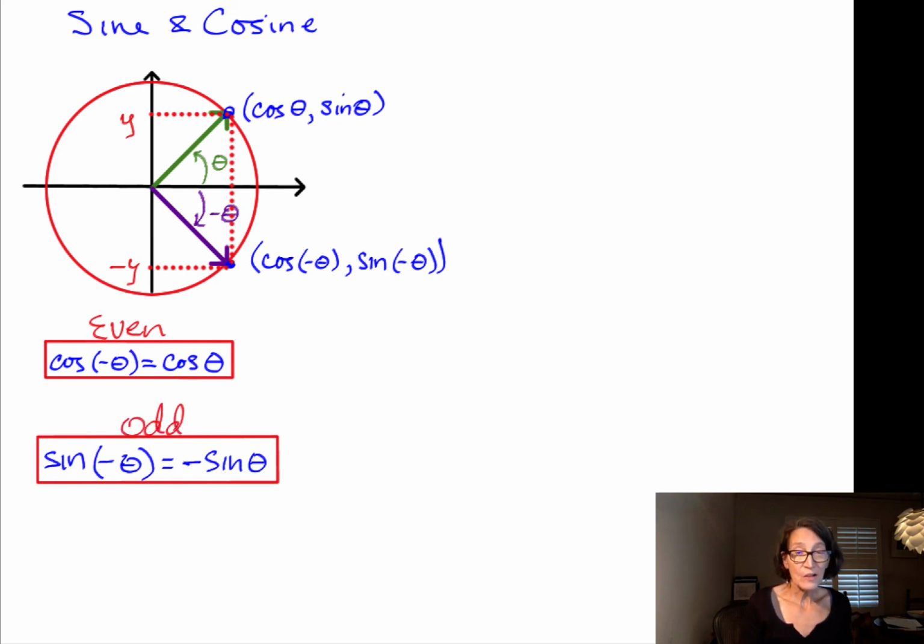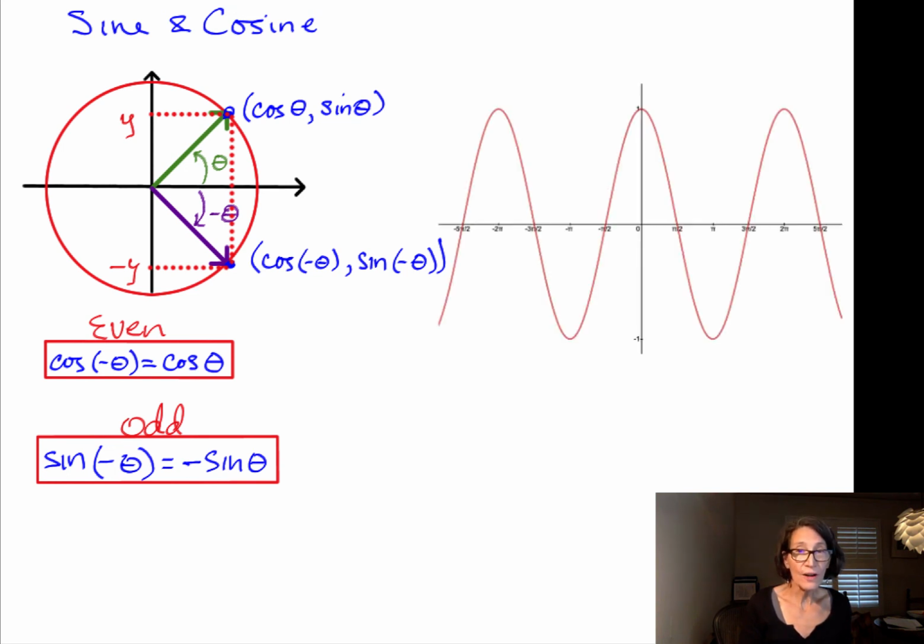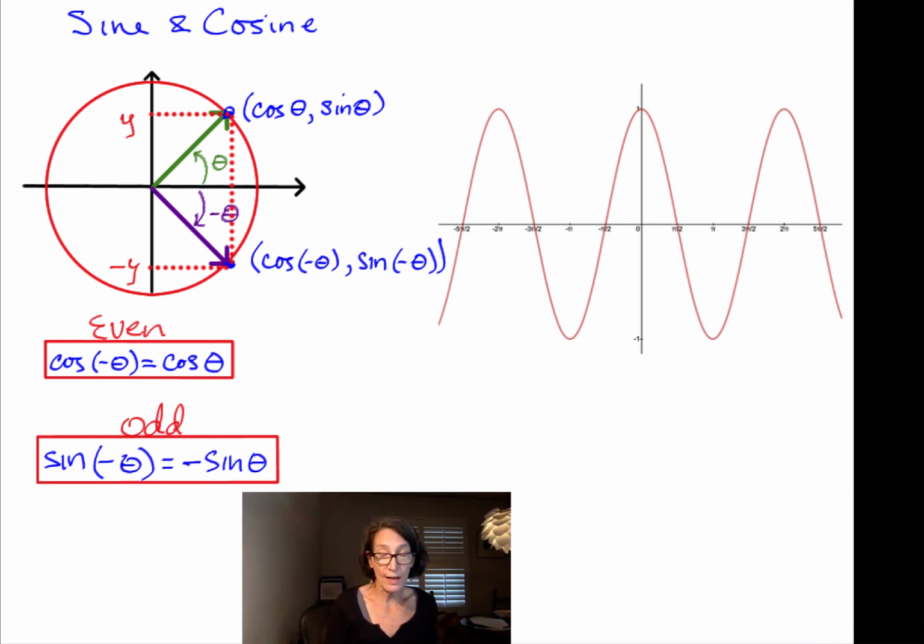All right, so we know cosine is even and sine is odd, and we can verify that by looking at the graphs. So this is the graph of the cosine function. Notice the symmetry. The right half of the graph is a mirror image of the left half of the graph. So that's symmetric about the y-axis, or symmetric with respect to the y-axis.